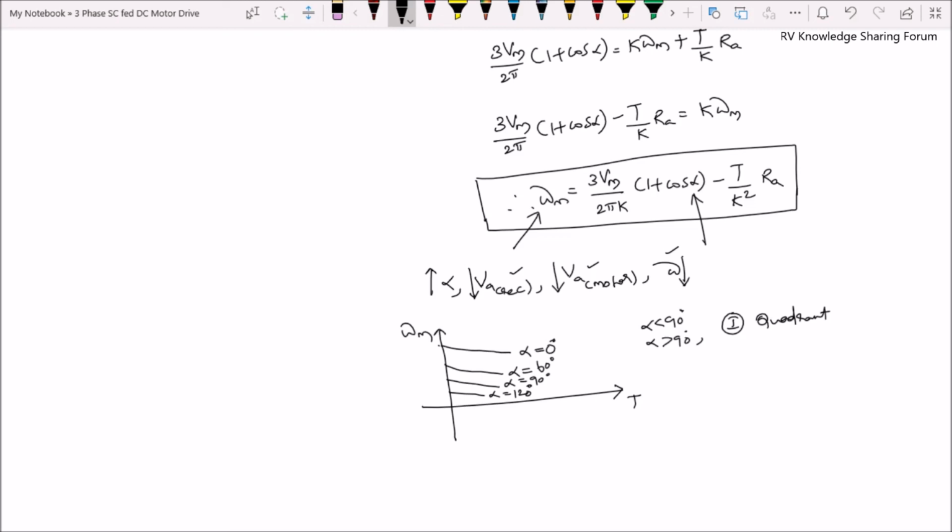In that I have clearly explained how, when the firing angle is greater than 90 degrees and even less than 90 degrees, it comes into the first quadrant of operation only. Whereas our three-phase fully controlled rectifier gives the operation in two quadrants, which is the first quadrant and the fourth quadrant. That also we have discussed in our previous session 15.